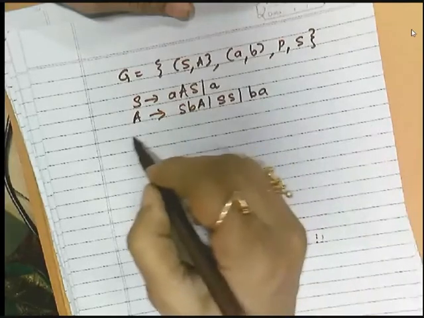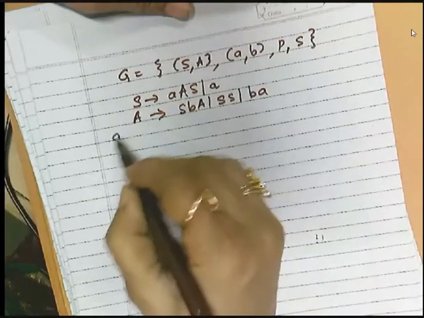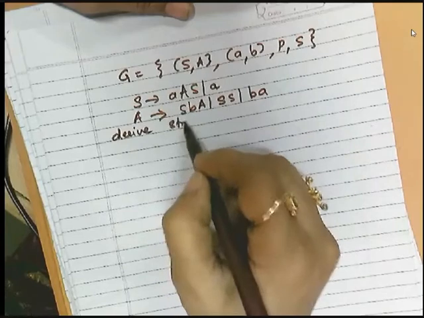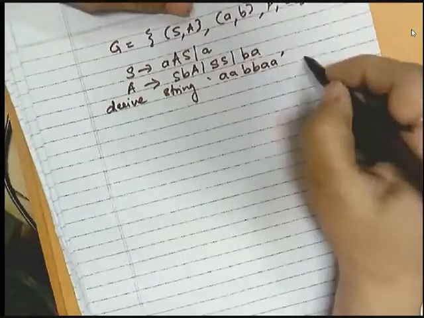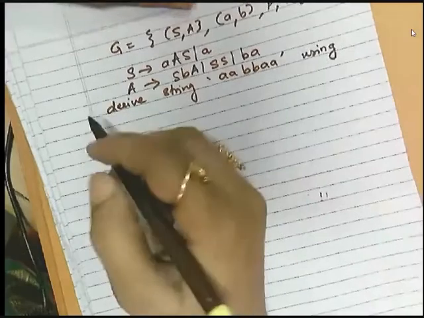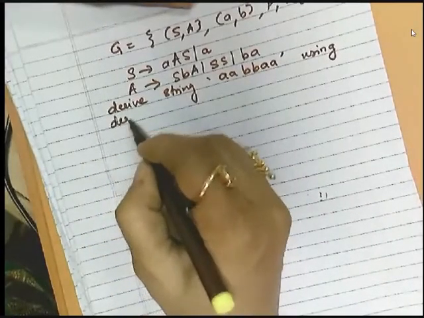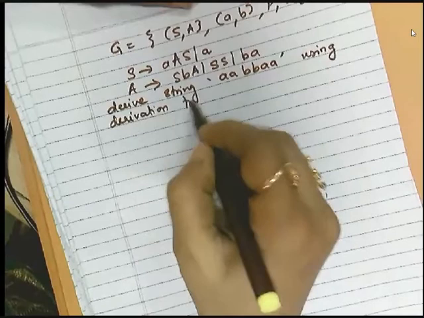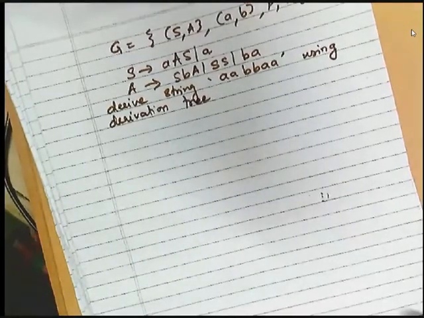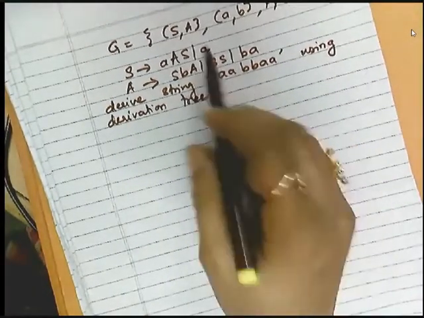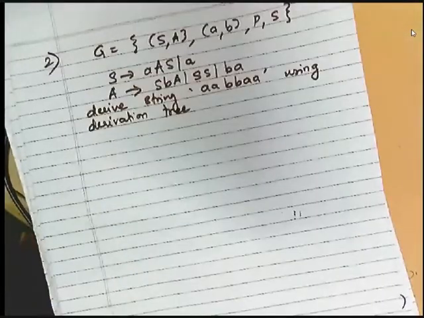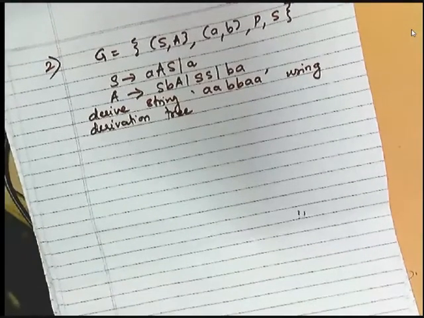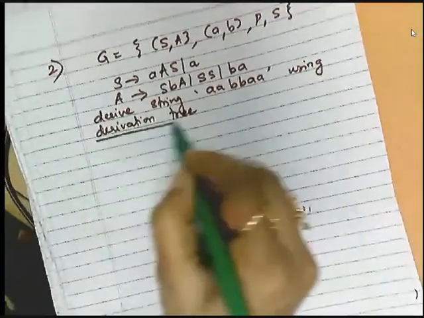We are interested in deriving the string aabbaa from the given grammar using a derivation tree. So it could be your second problem related to the same.